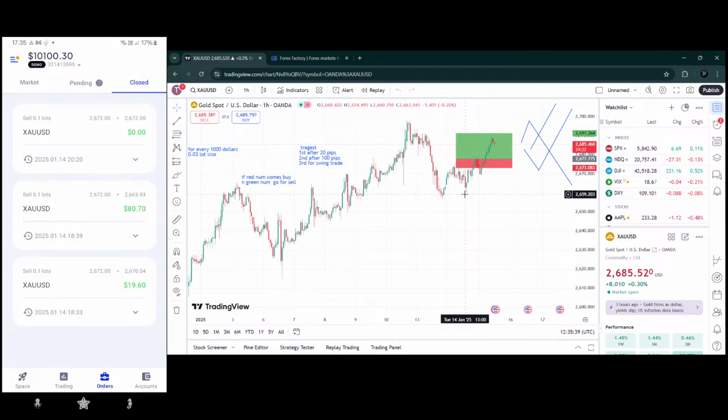As you can see, from 267 we first booked our profit at 2670, then the second profit at 2663.93, and the rest, which was left for the swing trade, hit break even.